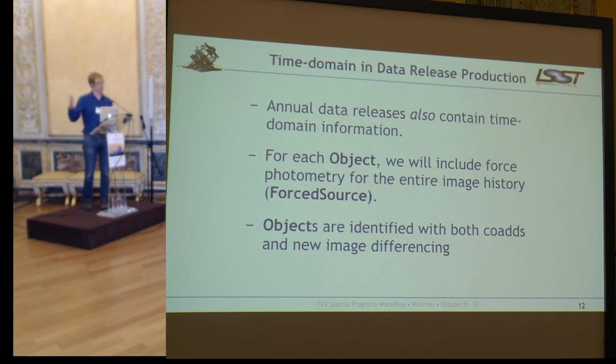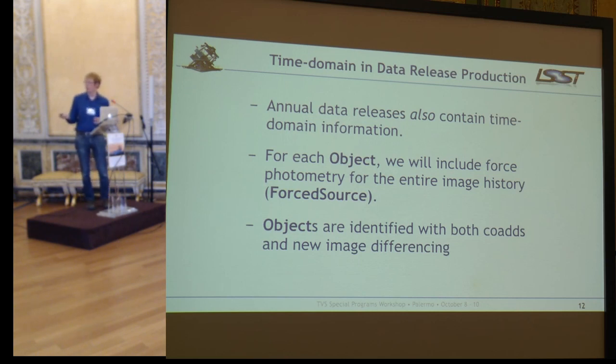That will produce a new set of DIA sources, but we'll combine those with the coadd information, so we have a set of objects. We think of this as the union of all the static and all the varying sources. We want to do the full suite of measurements, both coadd measurements and time variable measurements, on that set of objects for the entire history of the survey.